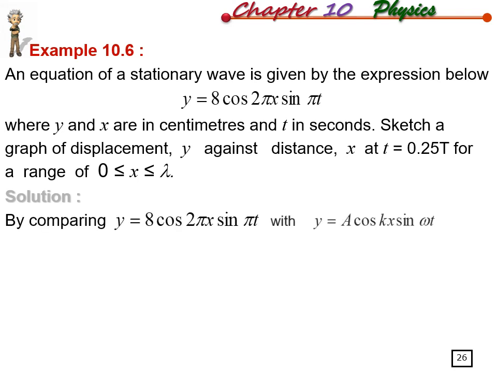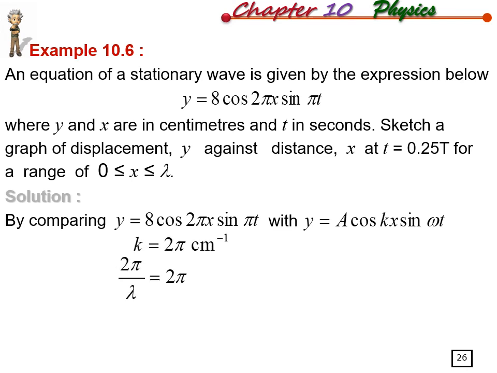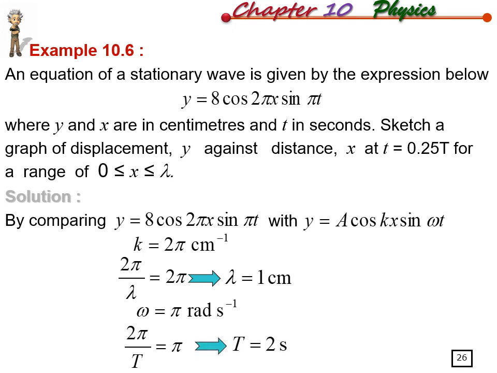So by comparing, we know k is equivalent to 2π, therefore λ is equivalent to 1 centimeter, and ω is given as π radians, so the period will be 2 seconds.